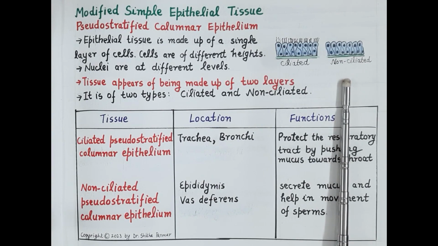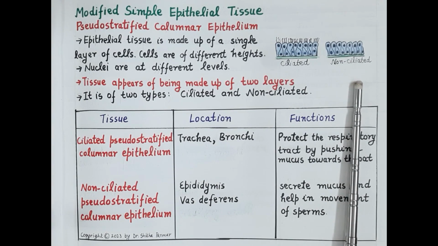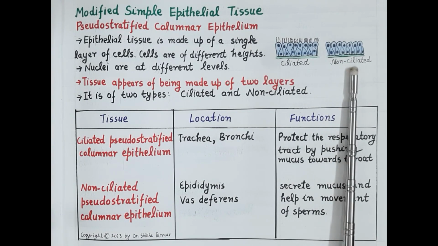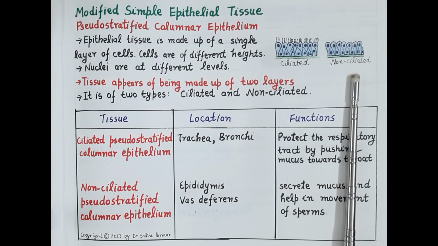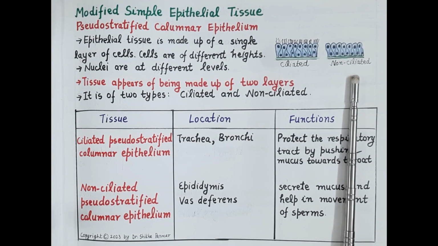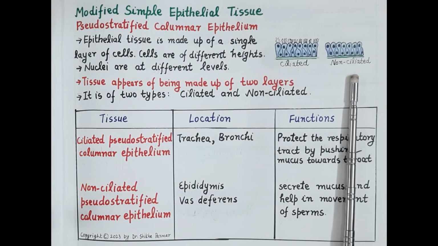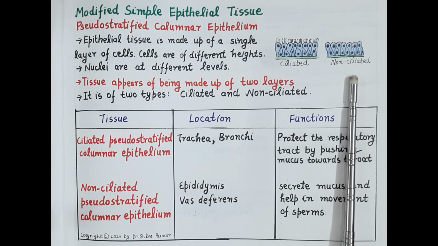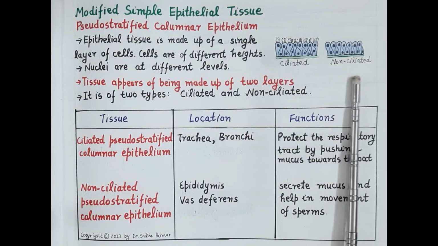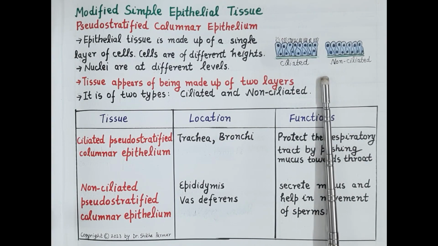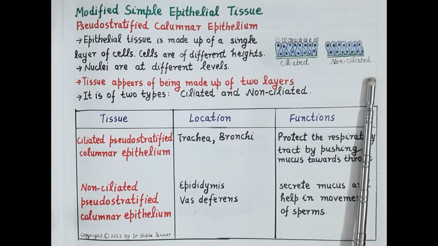So actually there is a single layer of cells, and all the cells are attached to the basement membrane, but the cells are of different heights. So their nuclei are also at different heights. So the tissue appears as if it is made up of two layers, as if it is stratified, but actually it is made up of a single layer of cells, and it is a simple epithelial tissue.